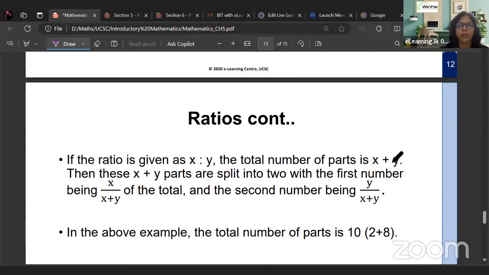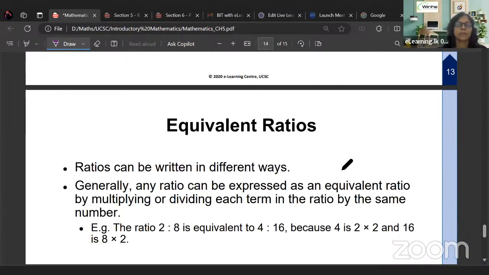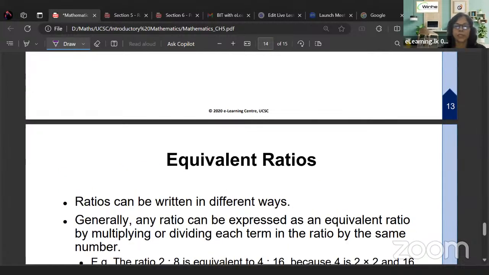What is the total number of parts? It is equivalent to the sum of all the values in the ratio. Here x to y is the ratio. The total parts are then x plus y. Then if you write x as a fraction, you can write it as x divided by x plus y, and y divided by x plus y. Right.